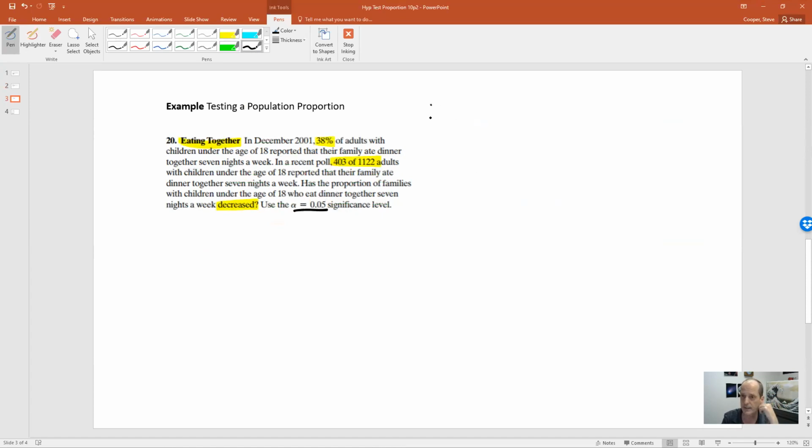So let's go ahead and set up our statements. H naught is that p is equal to the status quo that we're testing against. And if we're concerned with whether it's decreased, that makes a left-tailed test.